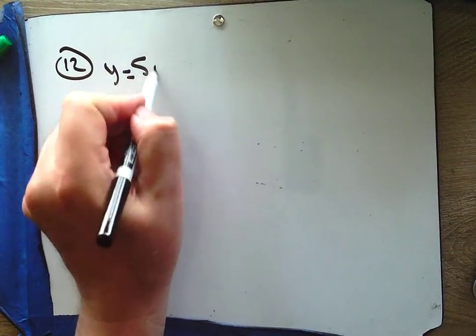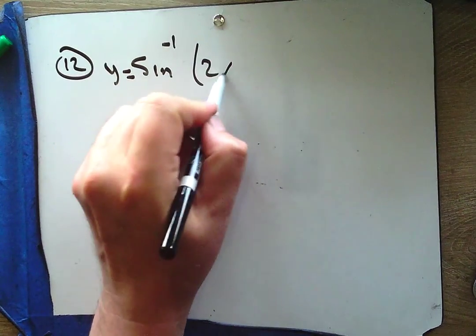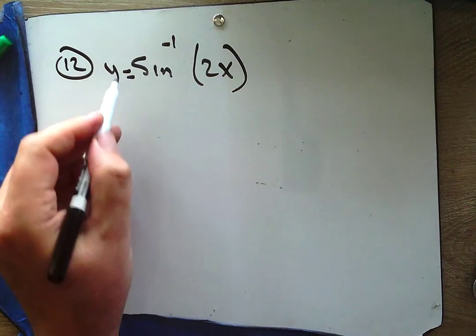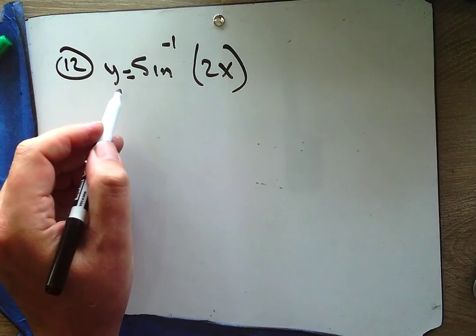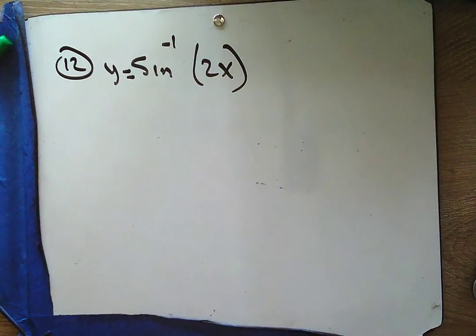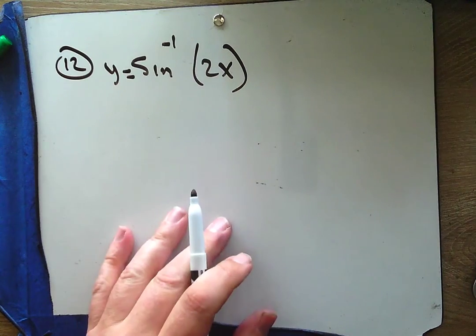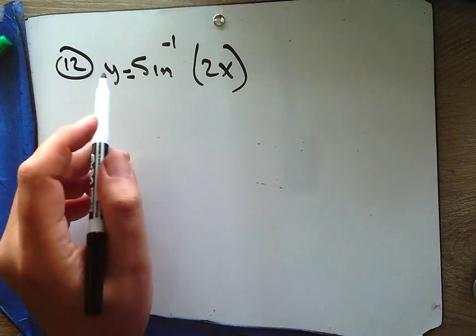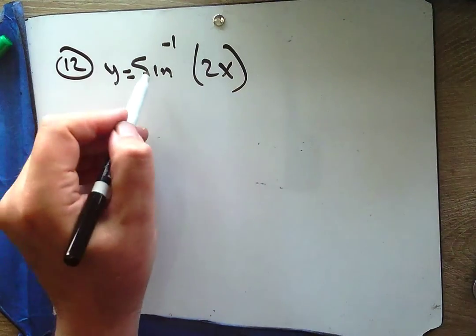Y equals sine inverse of 2x. So, that's a very interesting restraint there. Interesting. Yeah, you won't have to worry about any of those restraints on the AP exam.